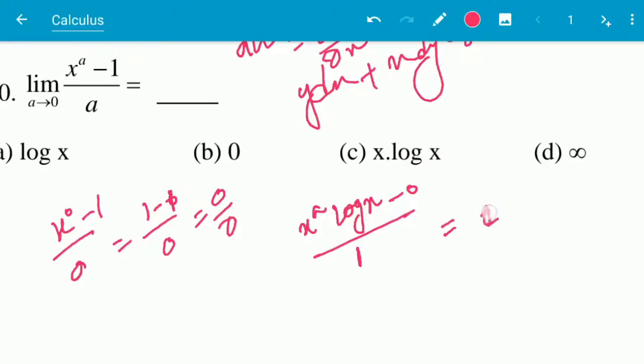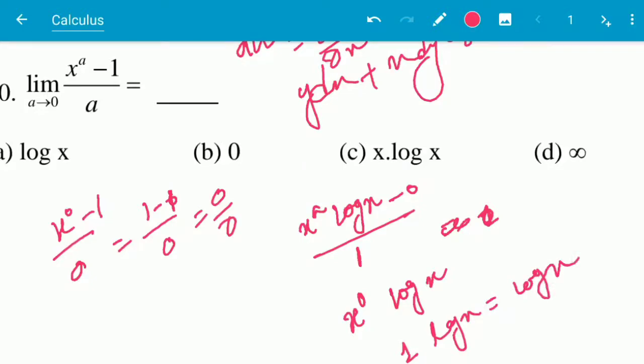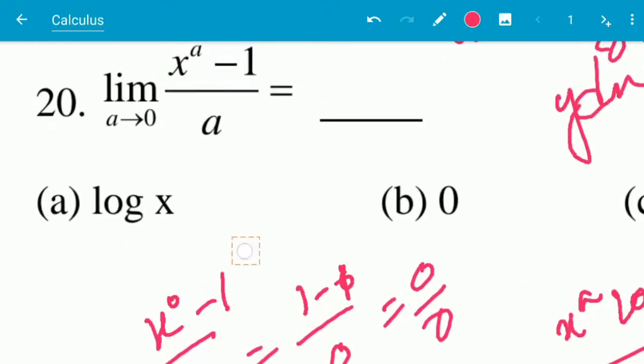If we put 0 in place of a, x to the power 0 is 1, so 1 times log x, this will be log x. So here the answer will be log x.